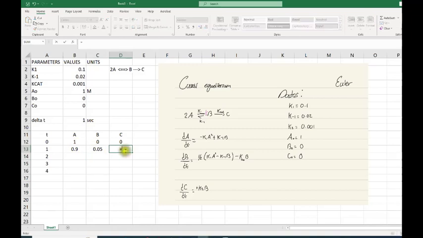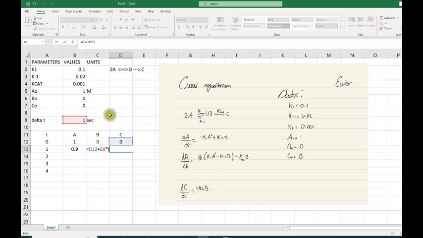Well, for c, I need to write this equation in terms of that, and that will basically be k2, so that will be the old c plus delta t times, I'm going to put the parentheses, so that's not needed, but I want to be sure that you understand whatever is in parentheses is just this expression here.